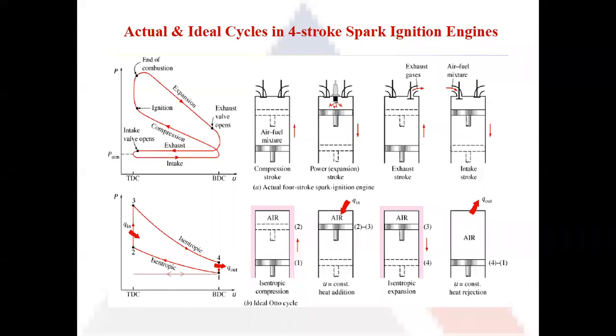The air will move from the higher pressure container towards the lower pressure container. So for the fresh air-fuel mixture to come inside the combustion chamber during the intake stroke, the atmospheric pressure should be greater than the pressure inside the combustion chamber. This means there should be some vacuum inside the combustion chamber. Only then will the atmospheric air or the air-fuel mixture come inside the combustion chamber.